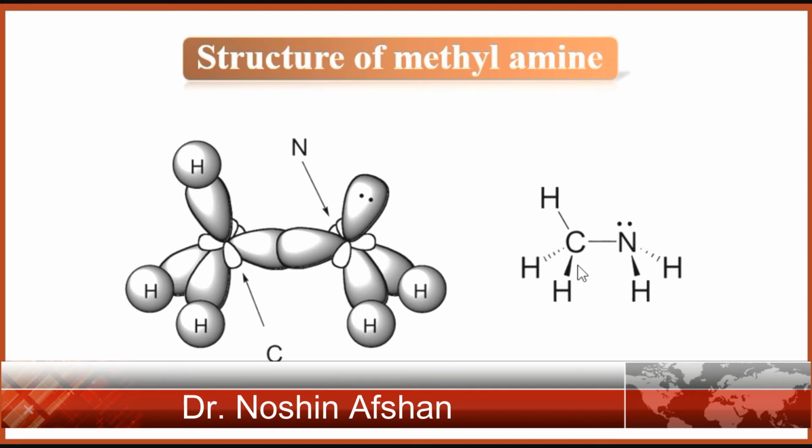And here this CH3 group would follow the same sp3 hybridization as in the case of the methane molecule. So along this carbon atom, the 3 sp3 hybrid orbitals would form the 3 sigma bonds with the 3 hydrogens, and 1 sigma bond would be generated with the sp3 orbital of the nitrogen over here.